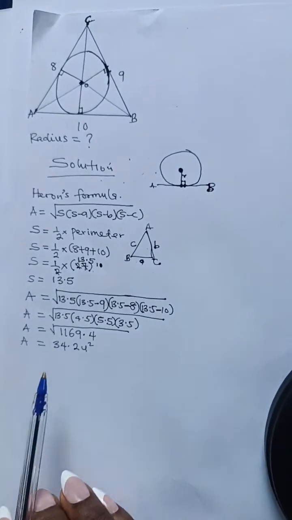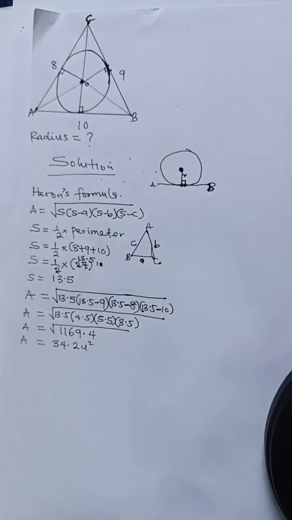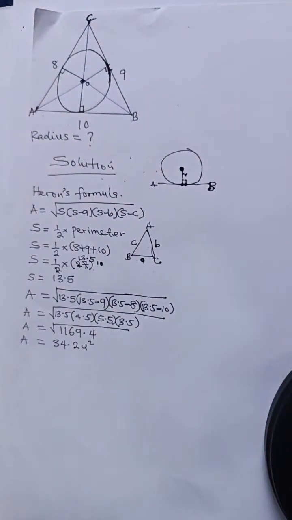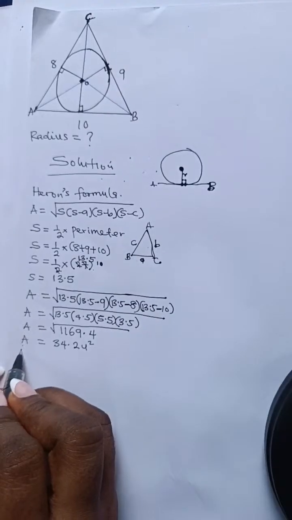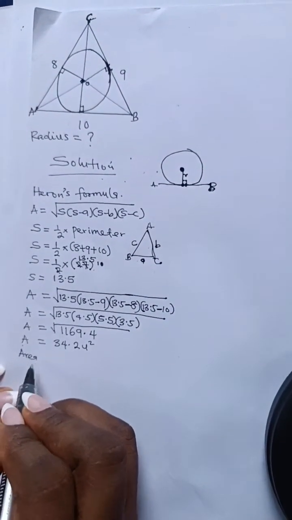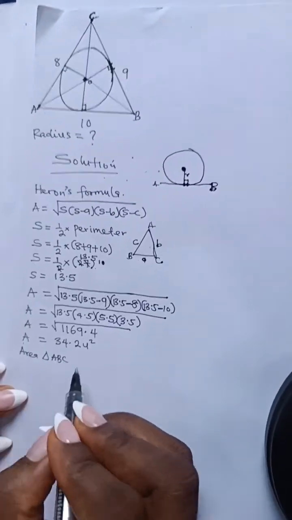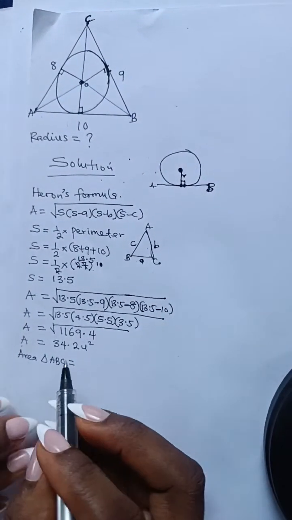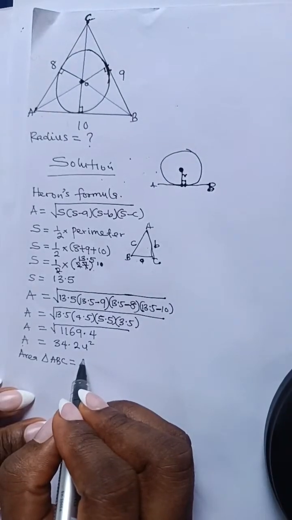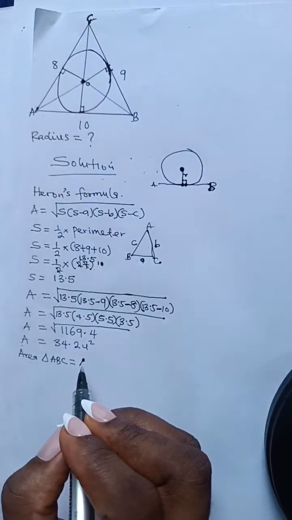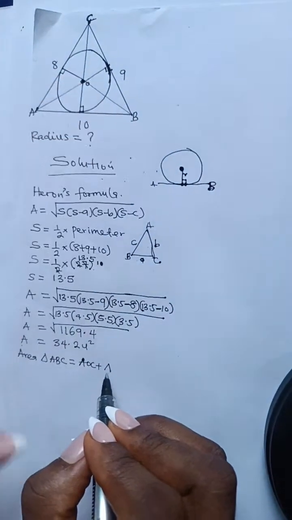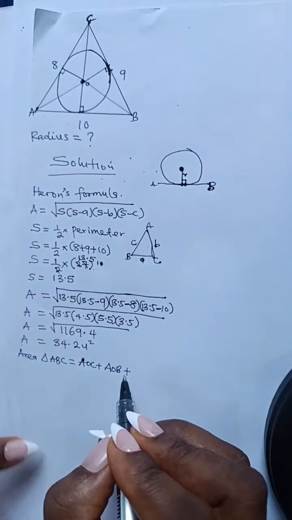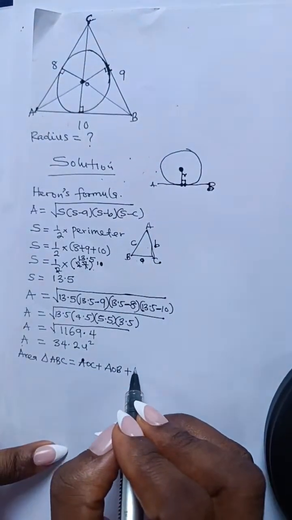So let's go ahead and equate those things together. If we do that, we have the area of triangle ABC is equal to the area of triangle AOC plus area of triangle AOB plus area of triangle BOC.